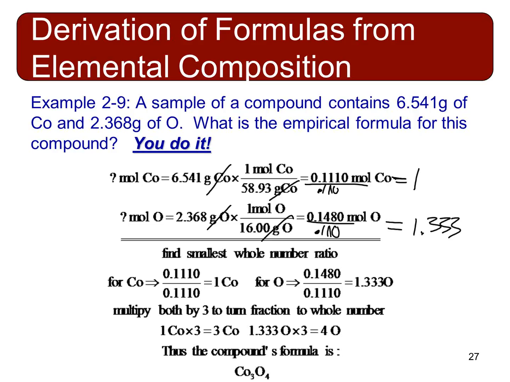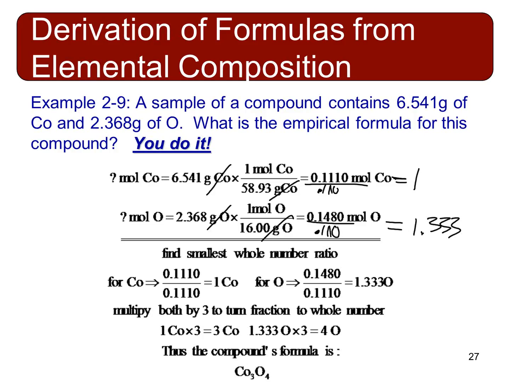So what we have to do is turn this into a whole number. Personally, when I have 1.3 and it comes out to that, I just multiply it again and again until I see that I get a whole number. So it takes 3 times 1.3 to get to a whole number.